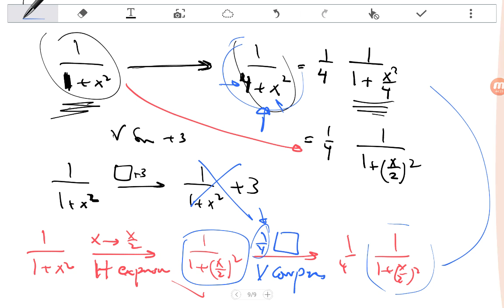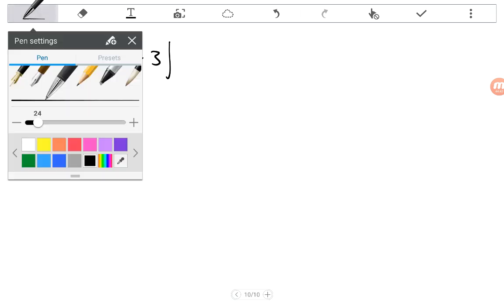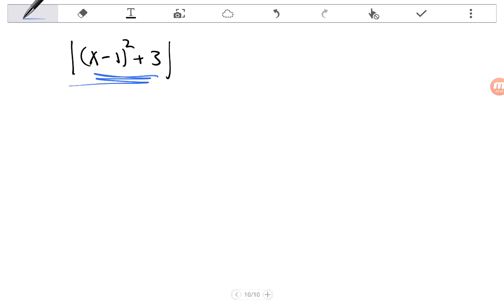Now, if I have this function, the absolute value of x minus 1 whole squared plus 3, first I need to graph what is inside.